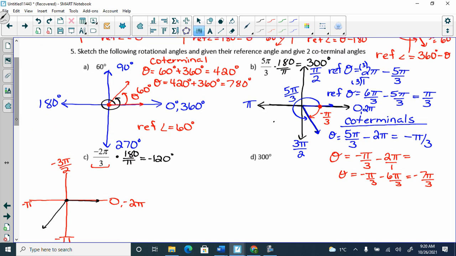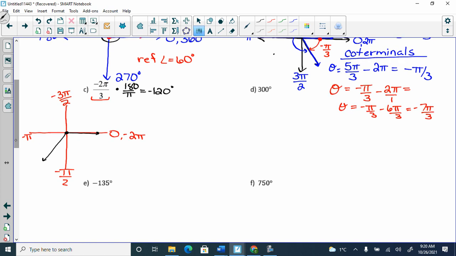So if it's over 3, my reference angle is pi over 3. If it's over 4, my reference angle is pi over 4. If it's 6, my reference angle is pi over 6. So that's one of the greatest things about radian measure: you can get your reference angle really easy. Other than that, word problems.